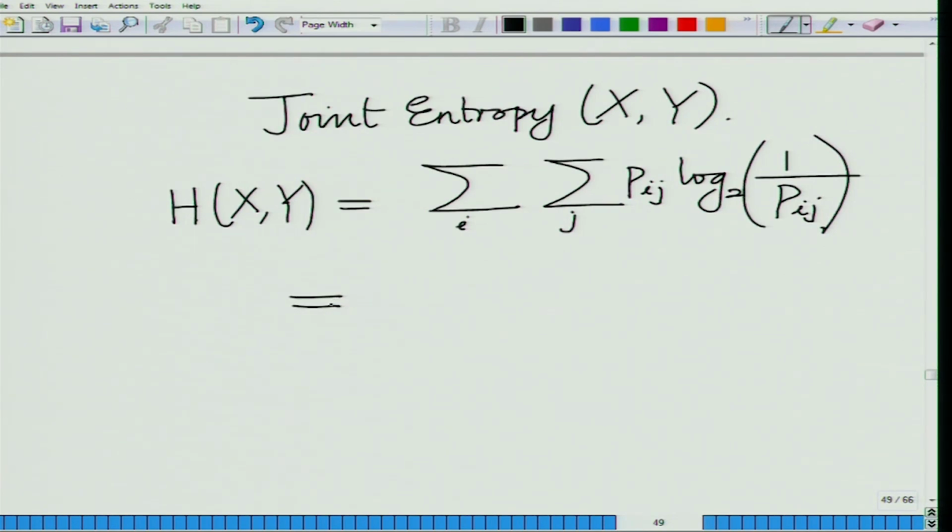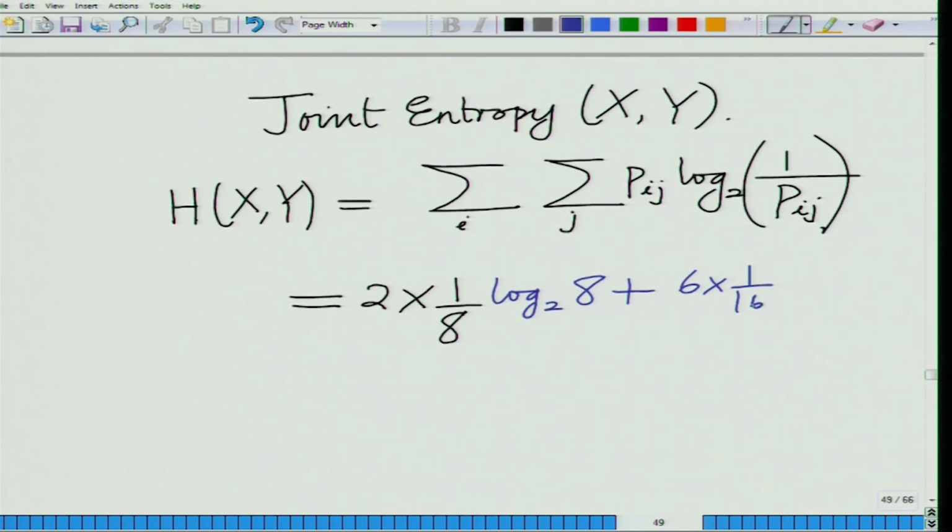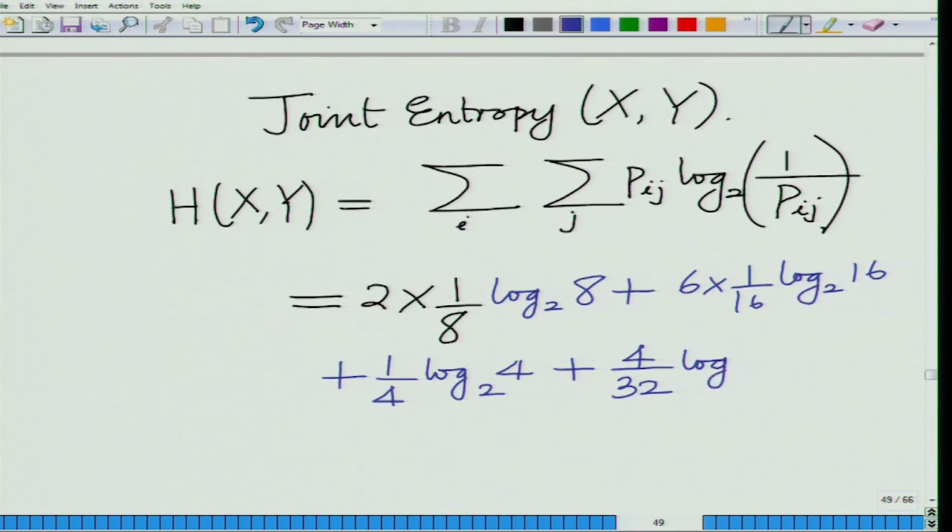So, this is equal to, well, there are two symbols with probability 1 over 8, so twice 1 over 8 log to the base 2 of 8, plus there are 6 symbols with probability 1 over 16, so 6 into 1 over 16 log to the base 2 of 16, plus 1 over 4 log 4 to the base 2, only one symbol with probability 1 over 4, and in fact there are 4 symbols with probability 1 over 32, 4 over 32 log 32 to the base 2.